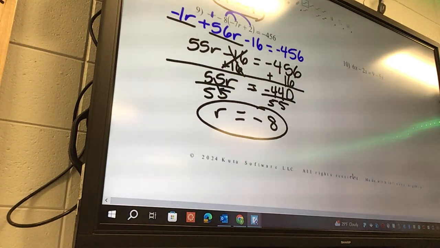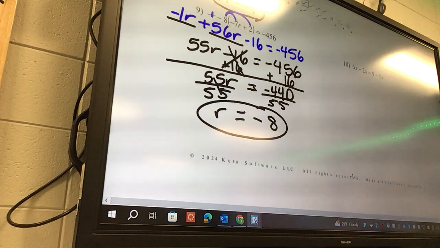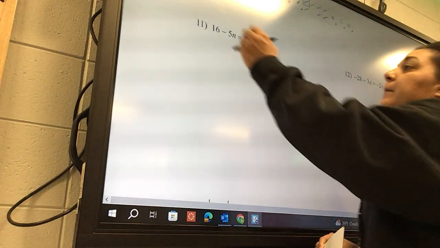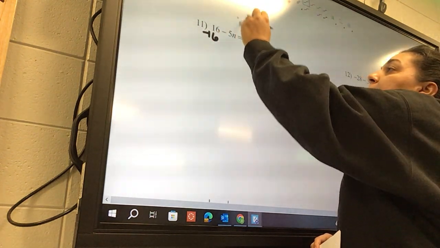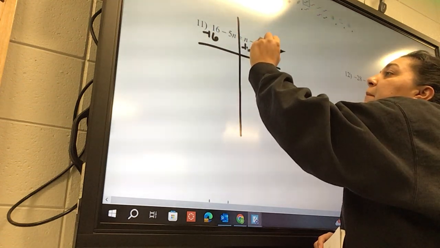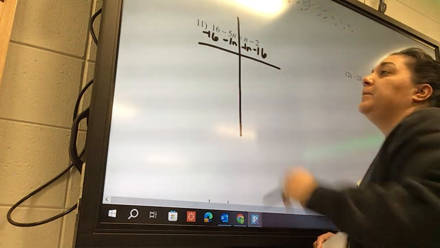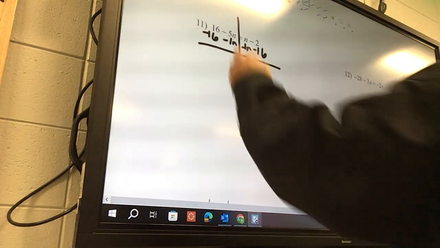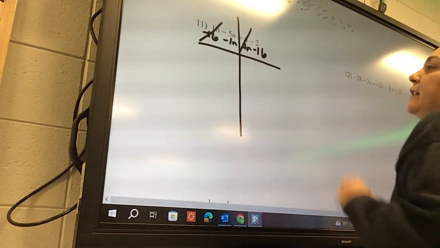Okay, 11, what needs done first? Who needs moved? 16. Okay, the 16 needs moved. Why does he need moved? Yeah, so he should be over here with the 2. And then we're also going to say minus 1n on both sides. Okay, so the 16s can cancel and the n's can cancel.